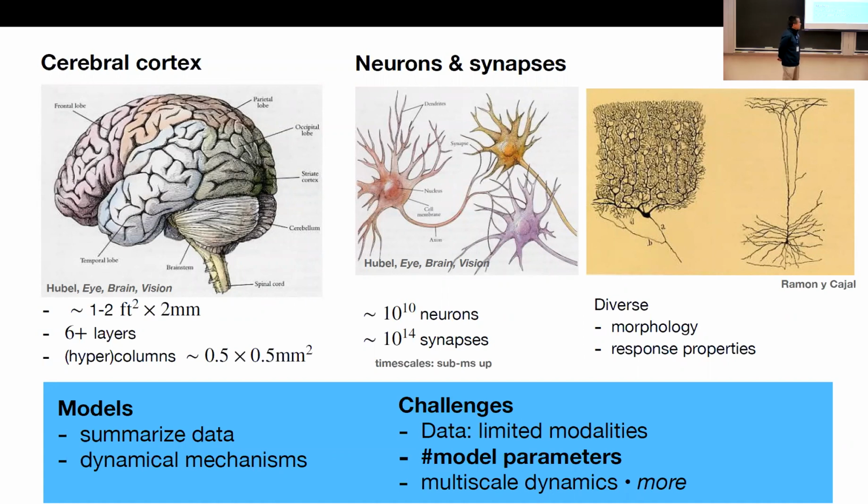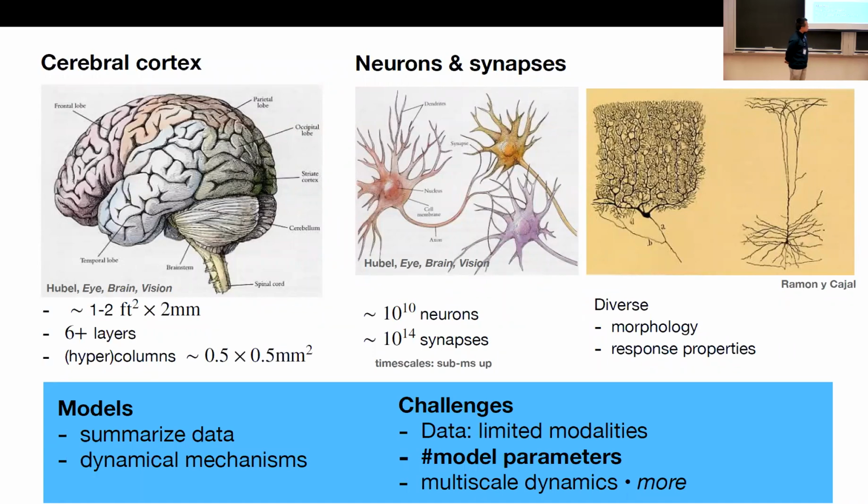And obviously, there are a lot of challenges here, just as with any kind of complex system modeling. Data: there's a ton of it, but in very limited modalities. So we have very partial observations, and I'll say more about that in a bit. And when you make a model, there are lots of parameters, at least by pre-machine learning standards.